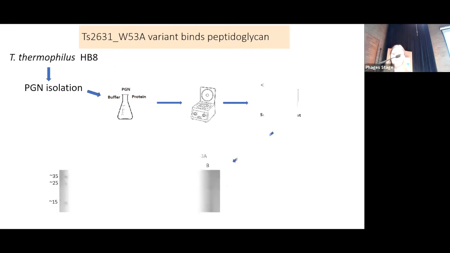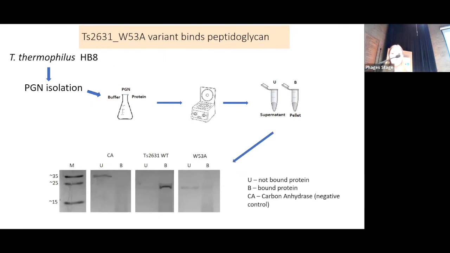And after centrifugation, we obtained 2 samples: the supernatant, where the unbound protein was, and the pellet, where the peptidoglycan with bound protein was. And here we can see carbonic anhydrase. It is our negative control that should be only in the unbound fraction. And we could see that our tryptophan 53 variant is present also in the unbound fraction. It means that it binds peptidoglycan.